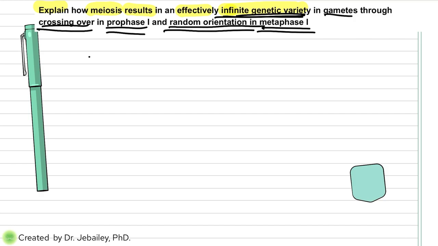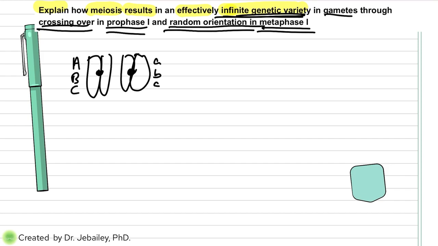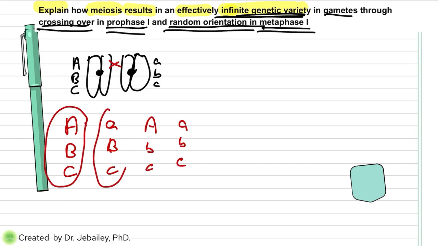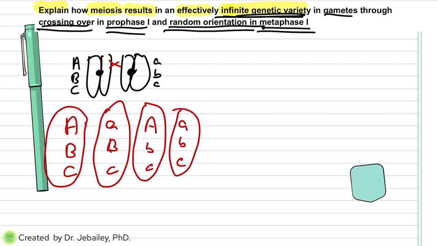Now, crossing over, that we told you about, is what I just drew a few slides before, where you can have this being A, B, and C. This is little a, little b, little c. And then from the crossover that usually happens between the non-sister chromatids, you get A, B, C on the first one, little a, big B, C, and then big A, little b, C, and then little a, little b, C. Now you can see that each one of these is a gamete, a sperm or an egg.